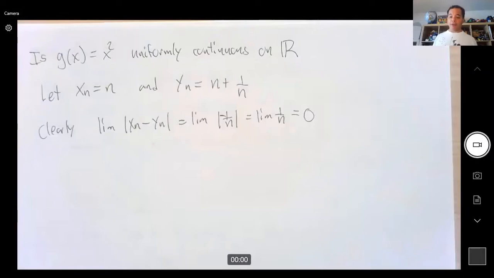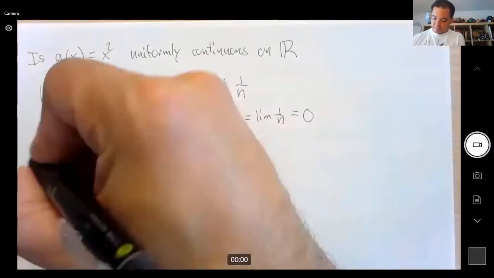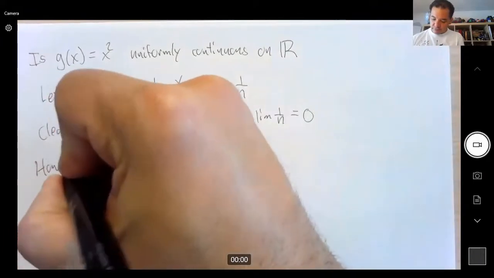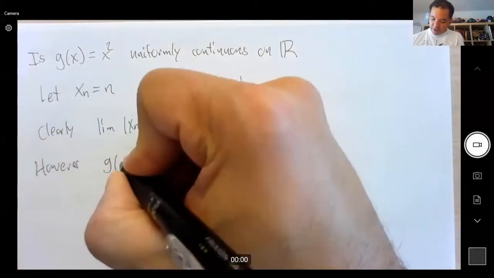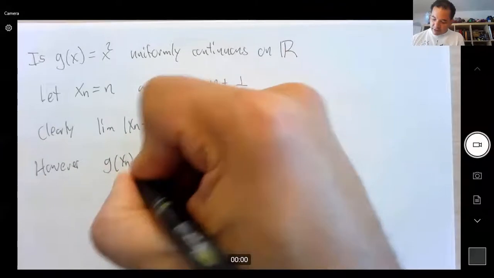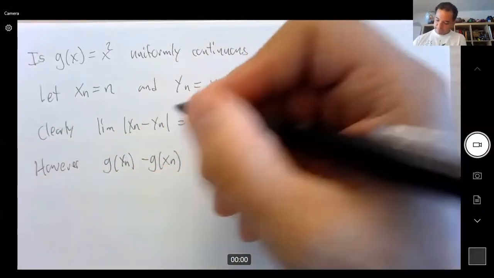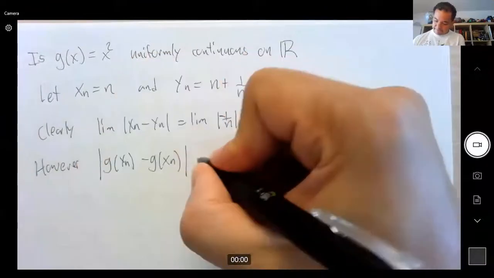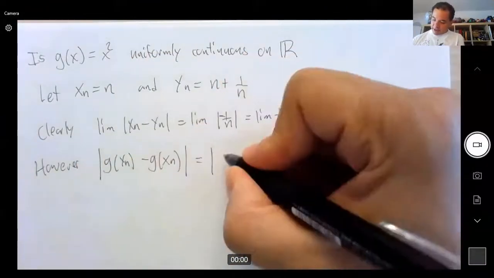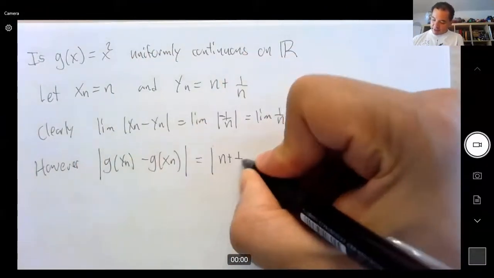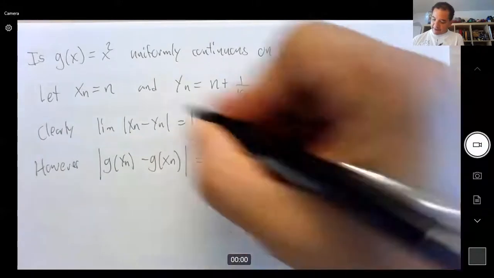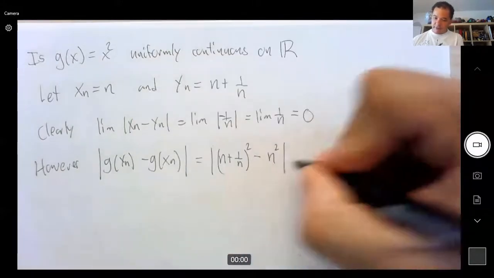Well, what happens when I do the difference of the squares? So what is g of yn minus g of xn? Well, g of yn is n plus 1 over n squared, and that one is n squared.